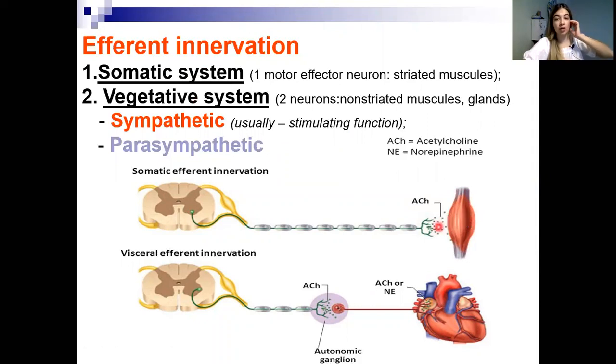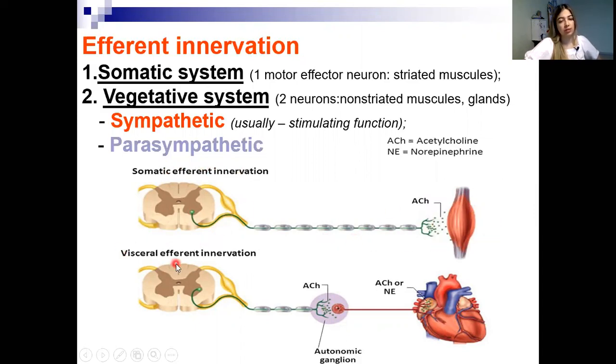The transmission happens with the help of acetylcholine. Acetylcholine is the neurotransmitter which plays the biggest role in all the types of transmission, because every single vegetative nerve has acetylcholine in its system of transmission. So this is our somatic innervation.